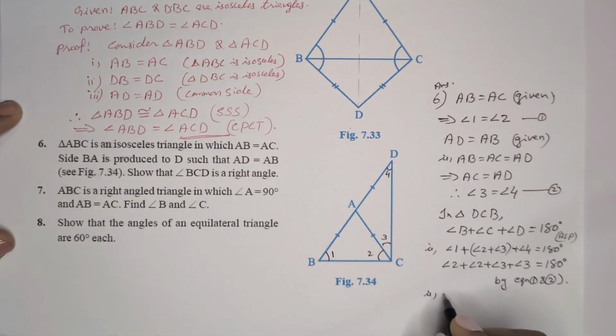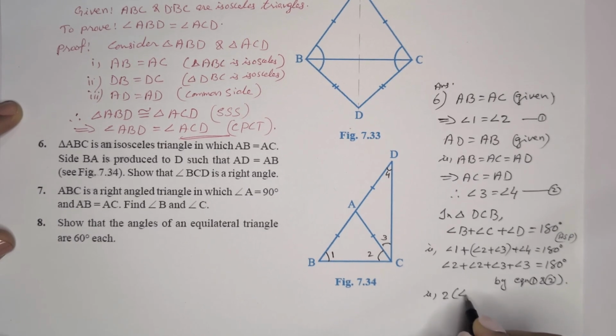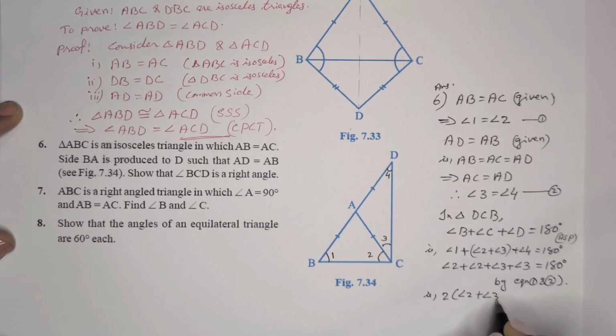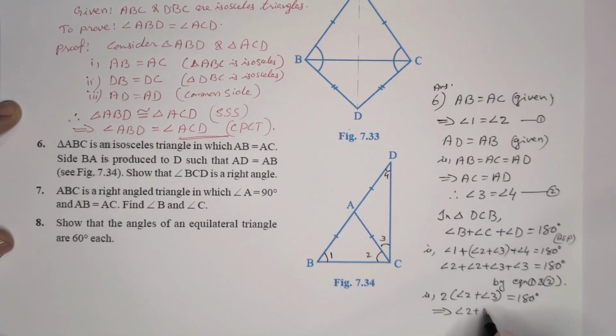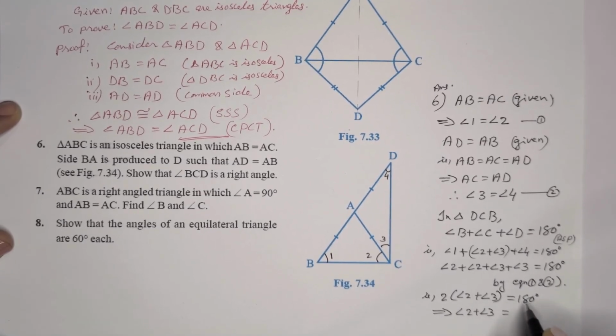That means 2 times angle 2 plus angle 3 is equal to 180 degrees, which implies angle 2 plus angle 3 is equal to 180 by 2, that is 90 degrees.